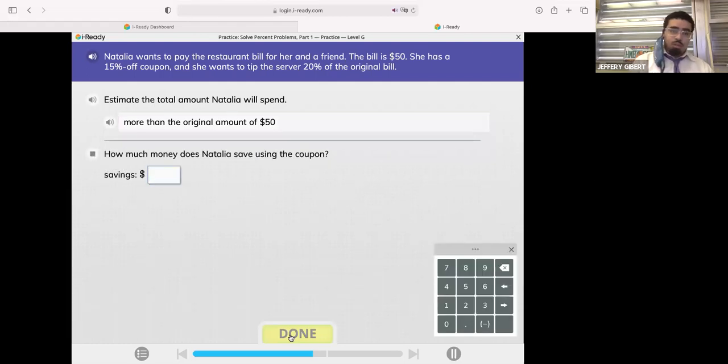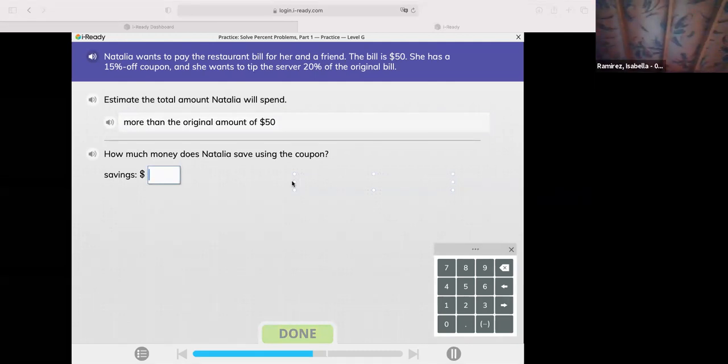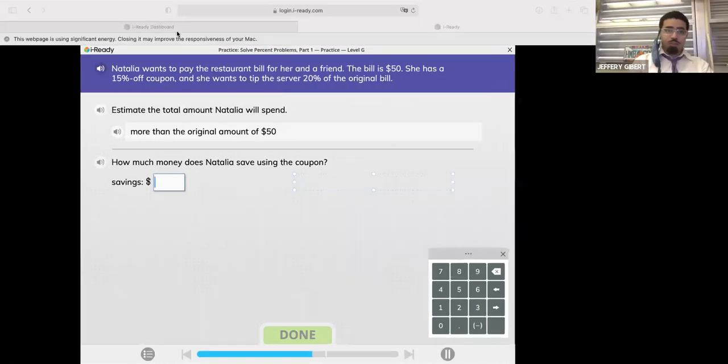All right, so now we need to find how much money Natalia will save using the coupon. 15% of 50. So, Isabella, how do you find 15% of 50? Wait, can you repeat that? How do you find 15% of 50?